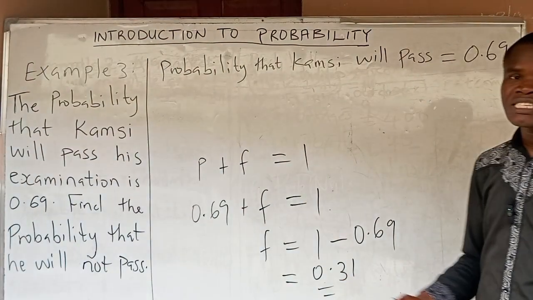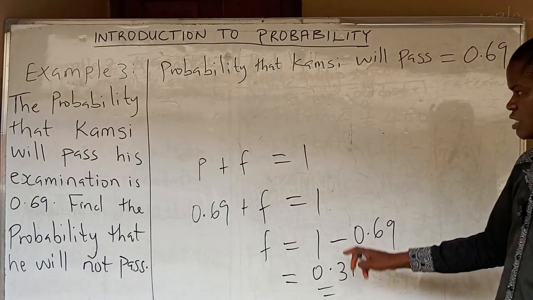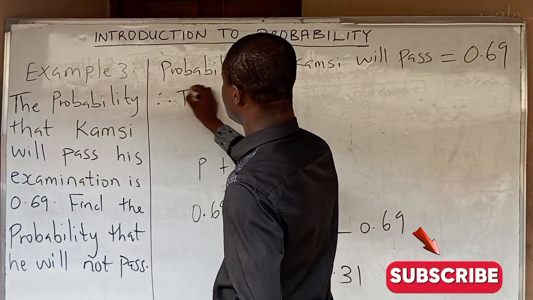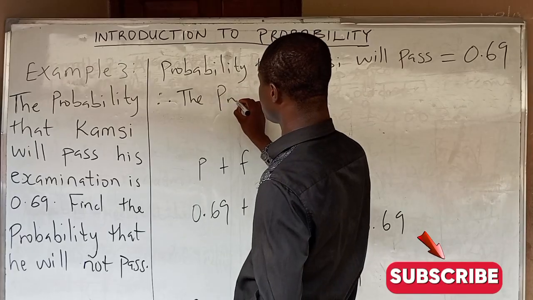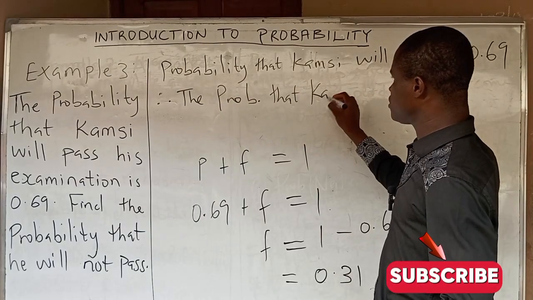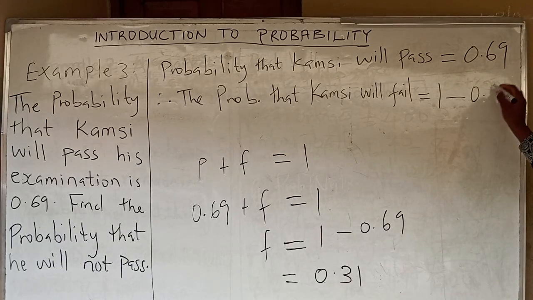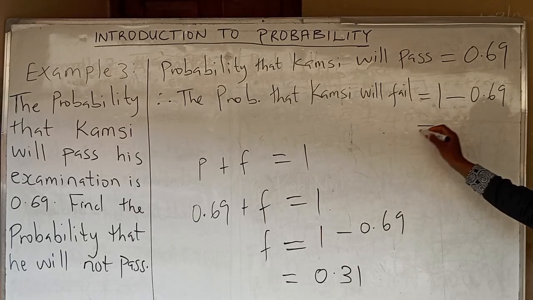So the probability that Kamsi is going to fail his exam is 0.31. And I say, therefore, the probability that Kamsi will fail will be equal to 1 minus 0.69. So this will give us 0.31.